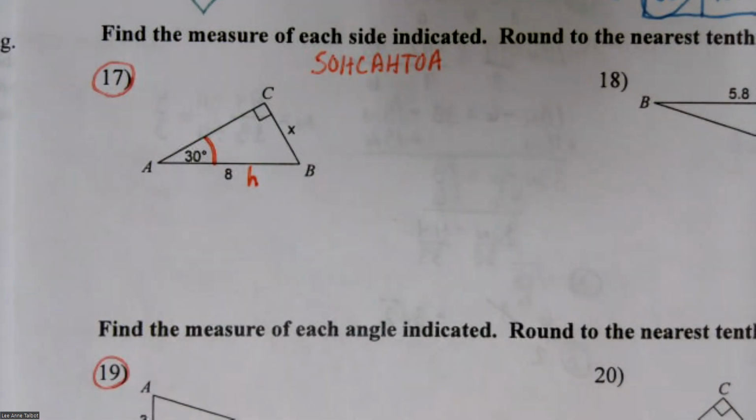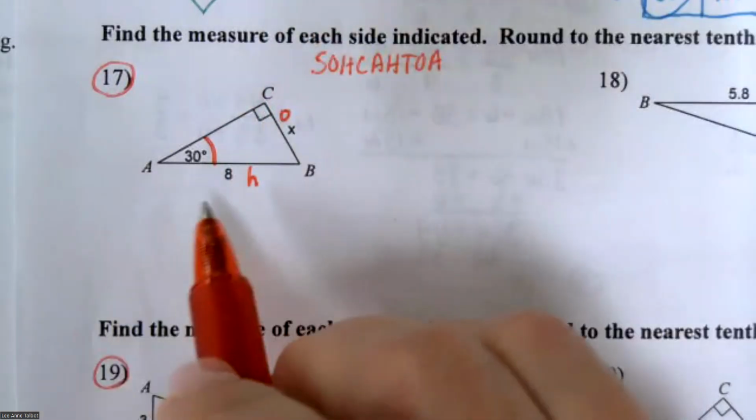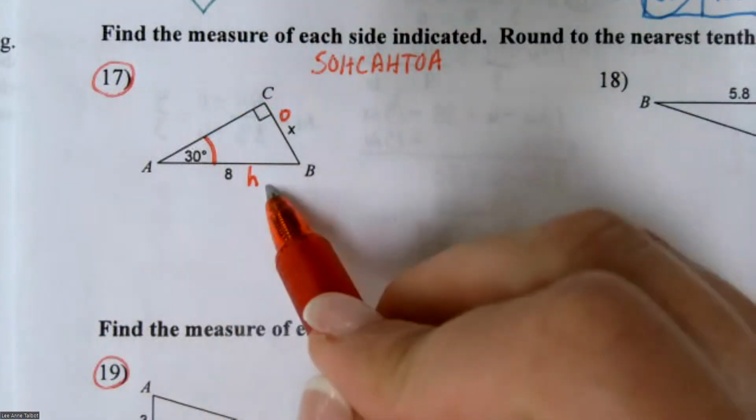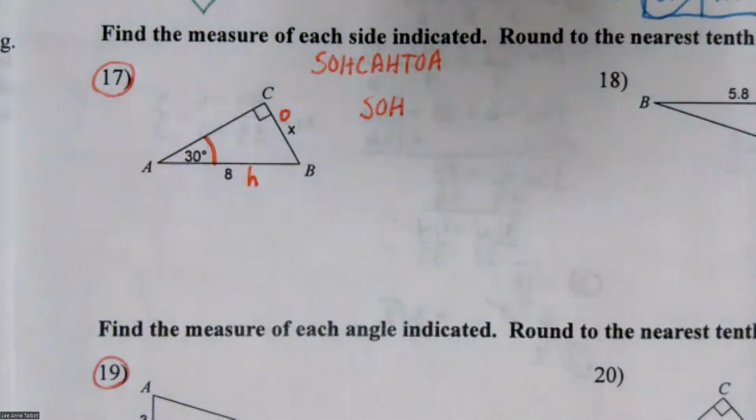Okay. Then the X, you have to decide if the X is opposite 30 degrees or adjacent to 30 degrees. Is it across or next to? Across. So that means it's opposite. Okay, so you say to yourself, all right, this particular problem has opposite and hypotenuse, which is the SOH part of SOHCAHTOA.